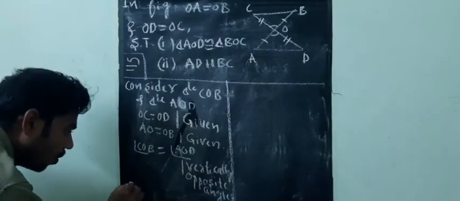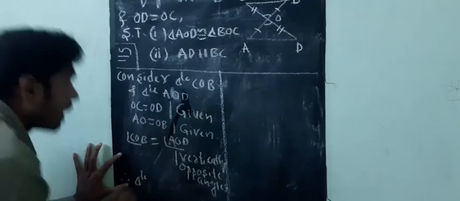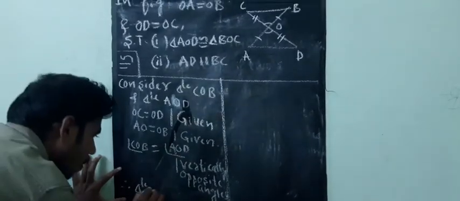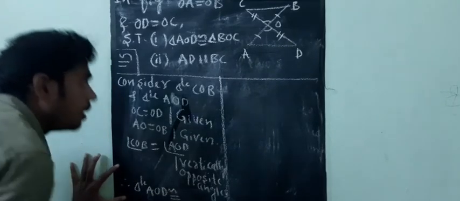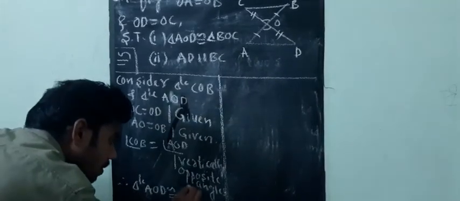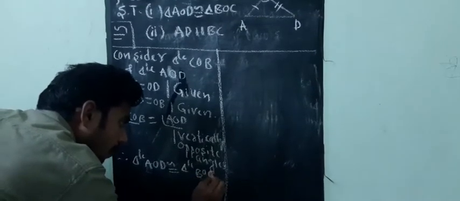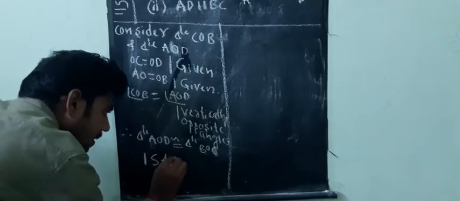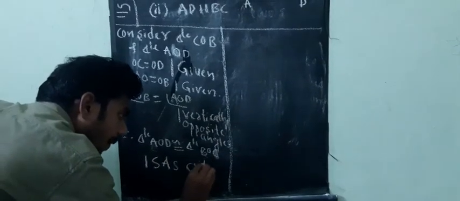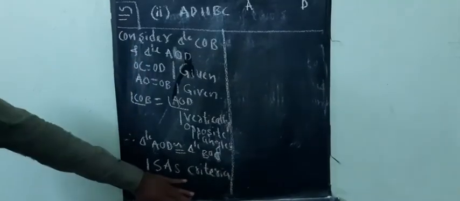See, therefore, triangle AOD is congruent to triangle BOC. Why? Because of SAS criteria.